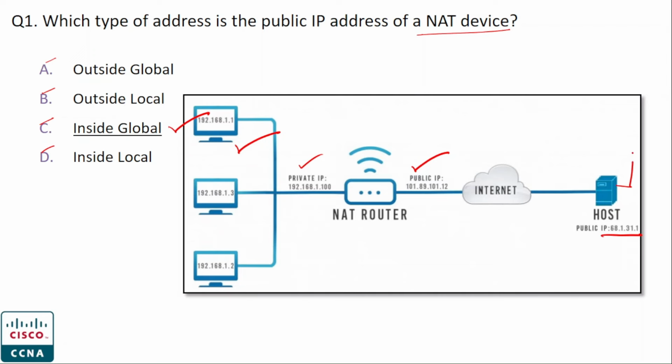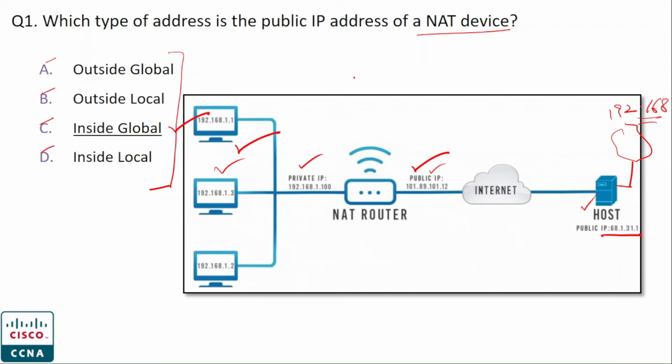And let's suppose we have a LAN over here with private IP addresses such as 192.168, then this can be known as the outside local. So this is the concept of these different types of IP addresses when we use NAT. This is inside local, this is inside global, this is outside global, and this is outside local.